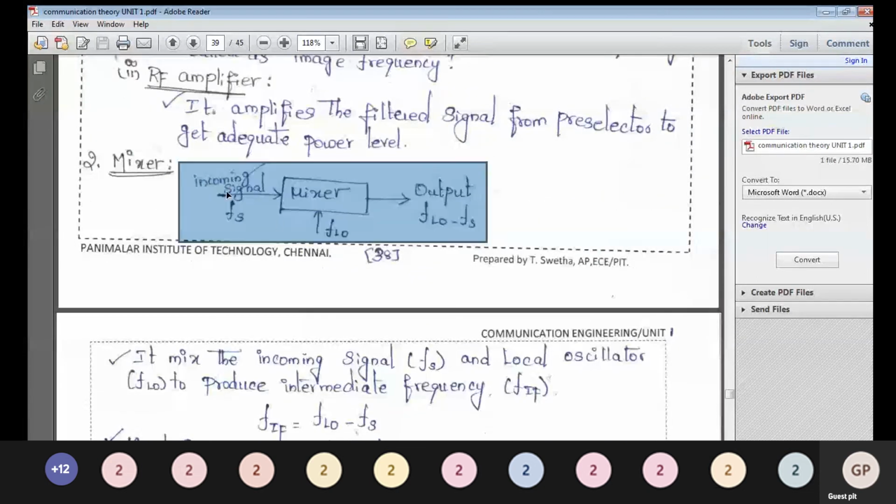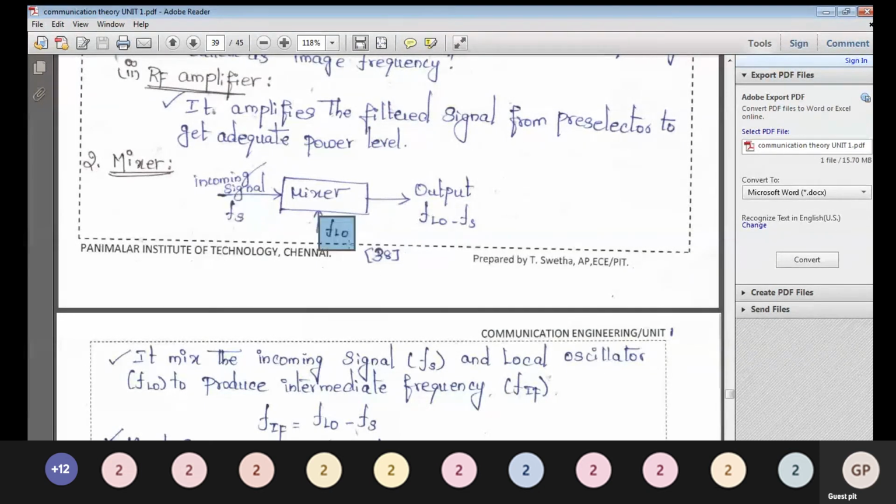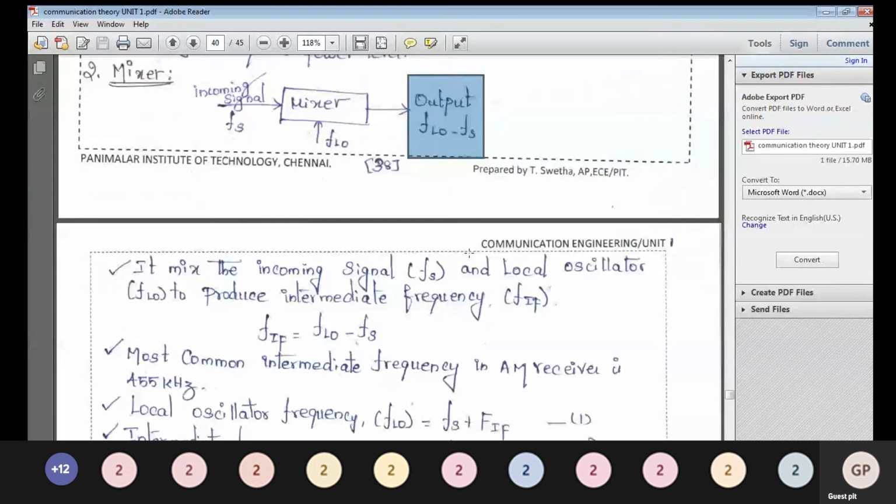Our next stage is the mixer stage. Just assume the incoming signal's frequency is Fs. One local oscillator is also there. The local oscillator generates the frequency FLO. Both the signals are mixed by using the mixer. The output equals FLO minus Fs. So the mixer can add as well as subtract.